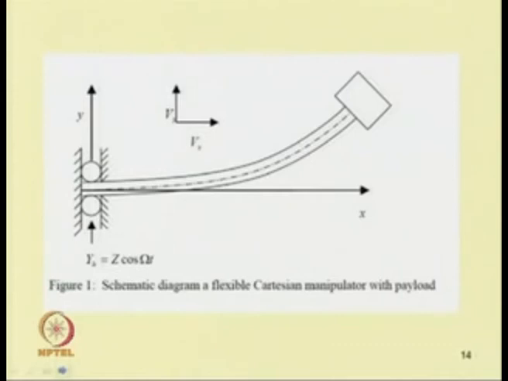We show a Cartesian manipulator with a payload, which can be modeled as a cantilevered beam where the left end is roller supported and can move up and down, and let us consider the large transverse vibration of the beam. As we have seen before, in case of large vibration, instead of writing M equal to EI del square y by del x square, one can write that equation in this form.